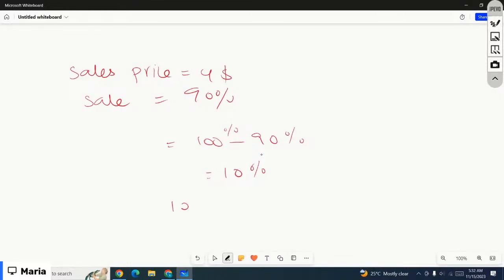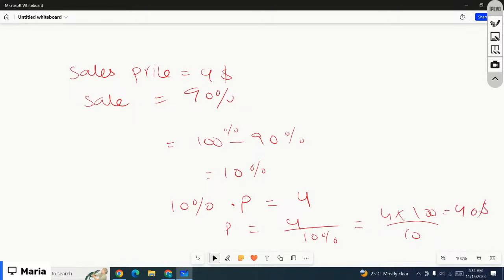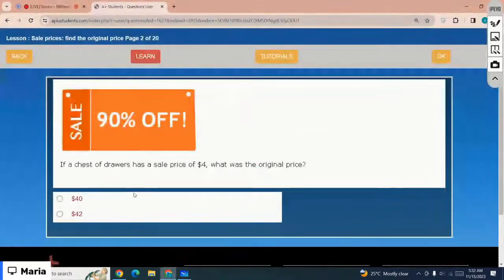So just form a proportion. It would be 10% times P equals 4. So P equals 4 divided by 10%. That means 4 times 100 divided by 10. And that equals $40. That means the original price of the chest of drawers is $40. Got it? The correct option is $40.